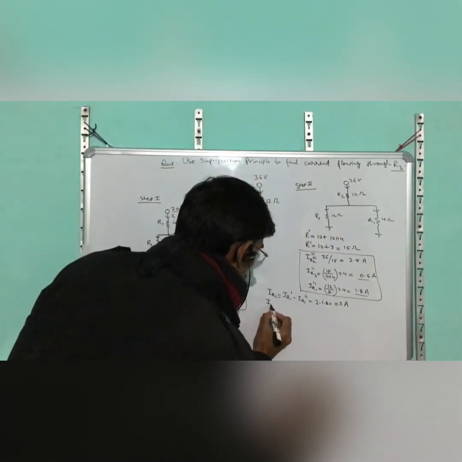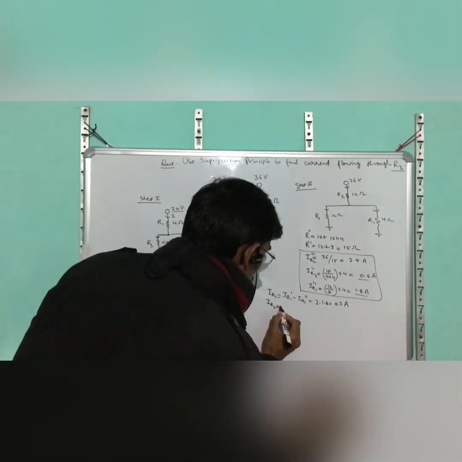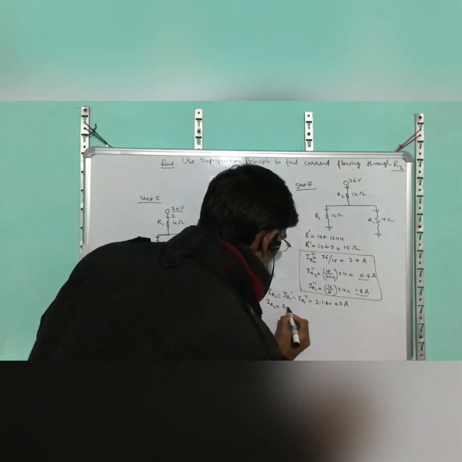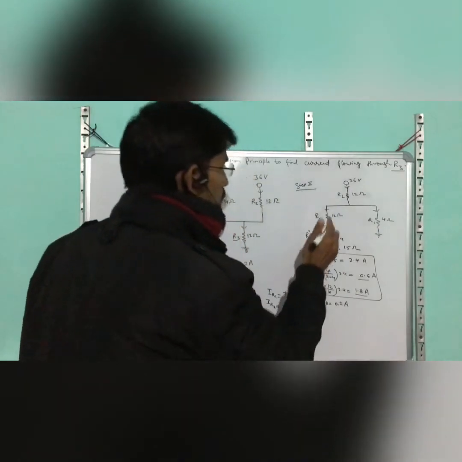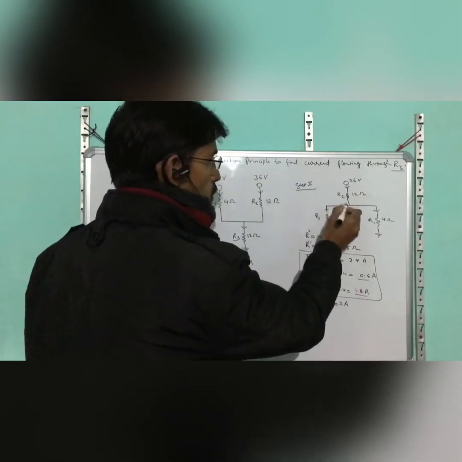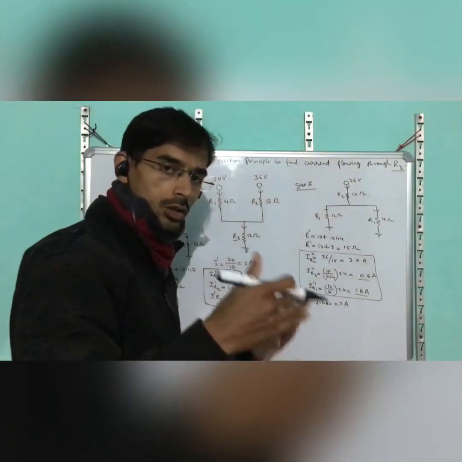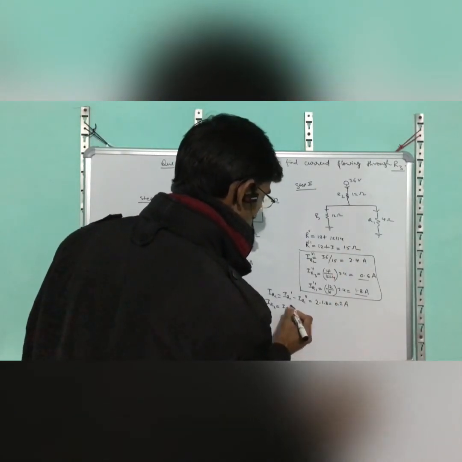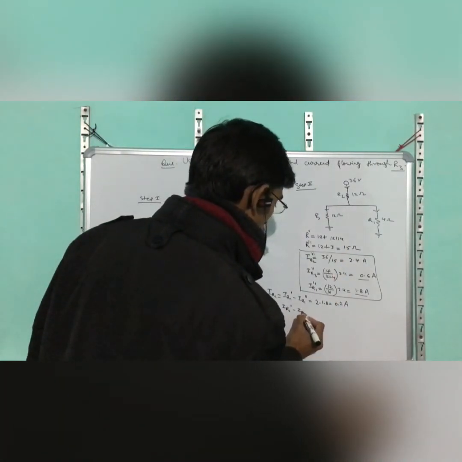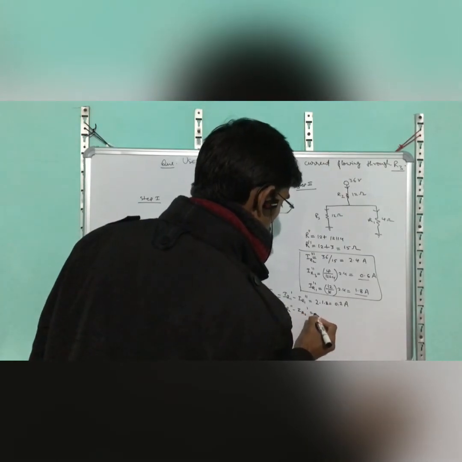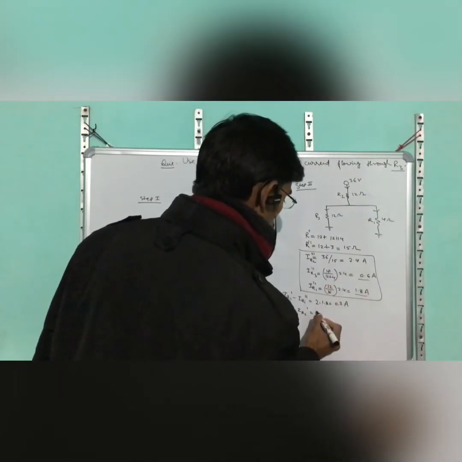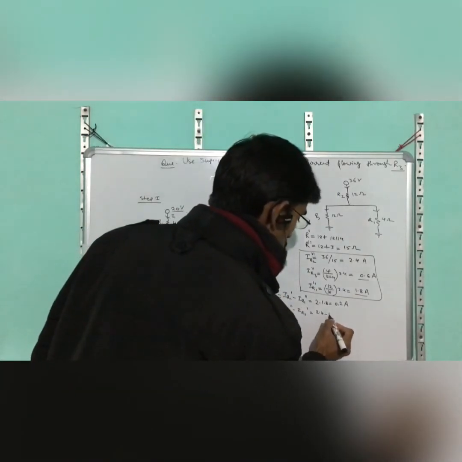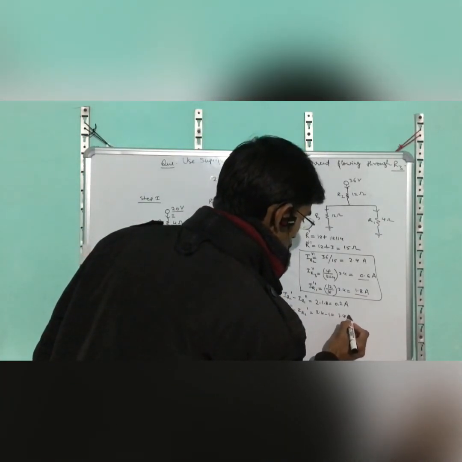Current flowing through the R2, again these are in opposite direction, so in step 2 the current is flowing in the actual direction, so IR2 double dash minus IR2 dash, it will be 2.4 minus 1, so it will be 1.4 ampere.